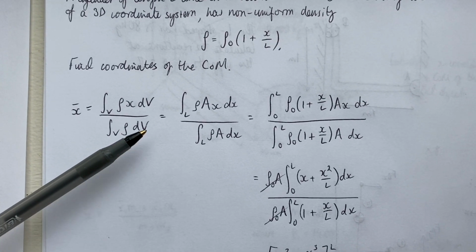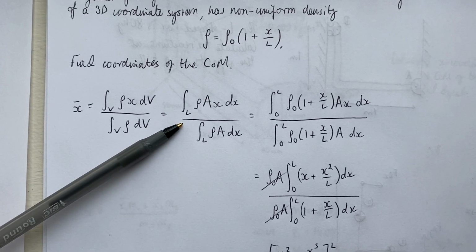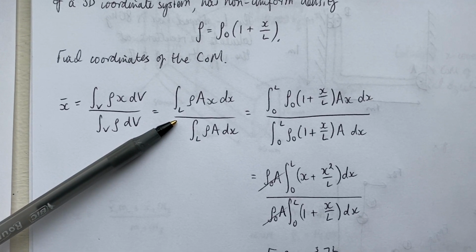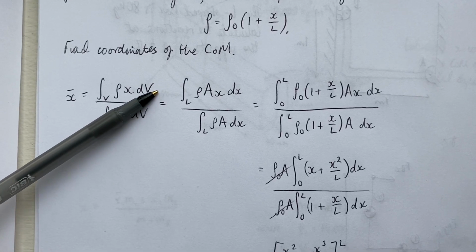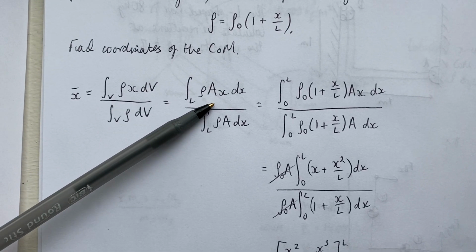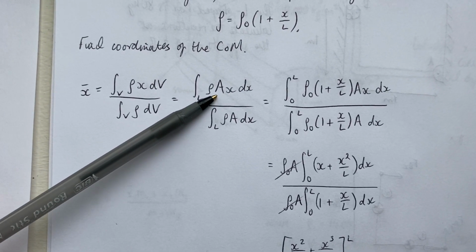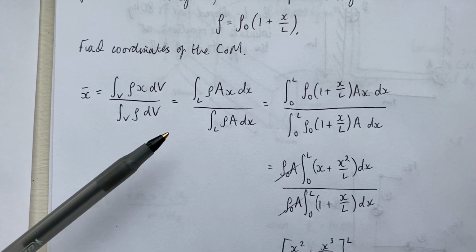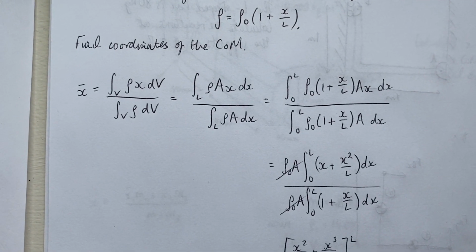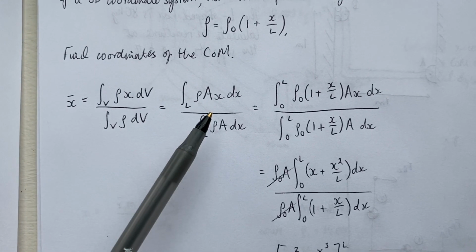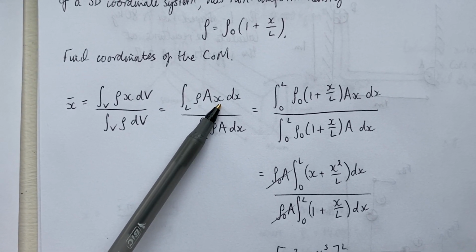And then what I've done here is recalled that the volume is the same as the area multiplied by x. So it's the cross-sectional area multiplied by the length, which I'm calling x.